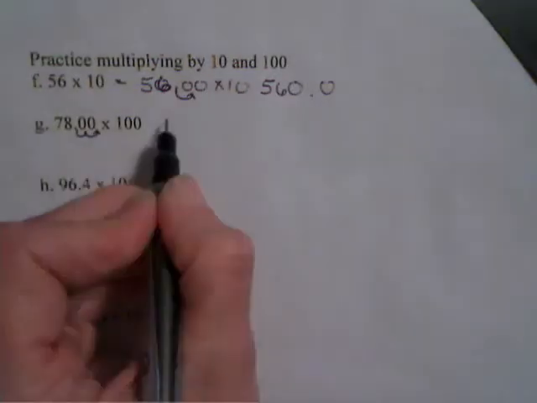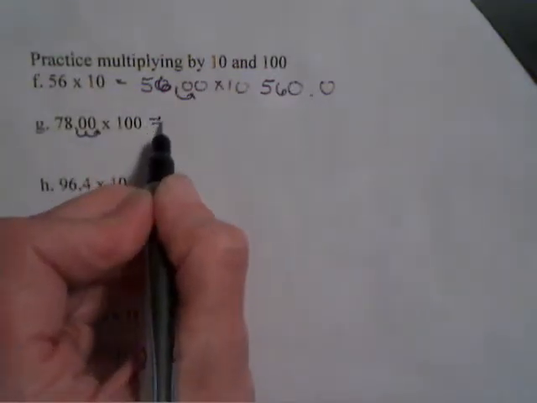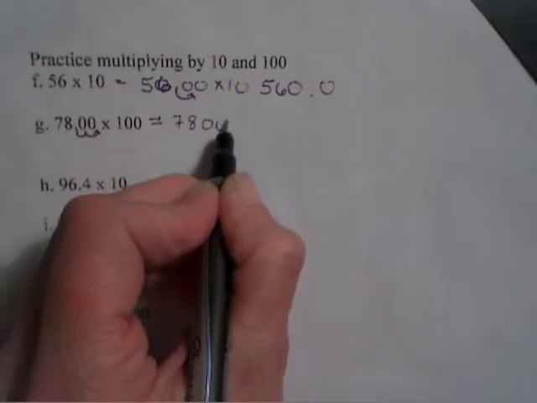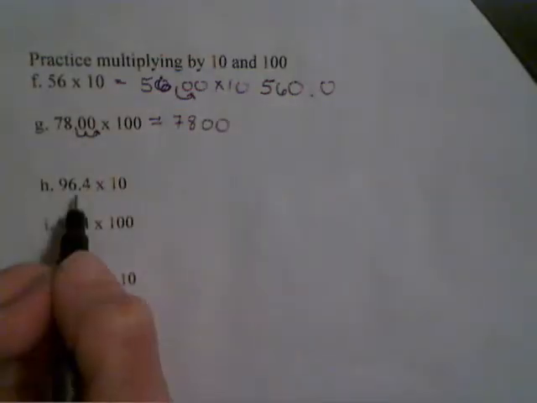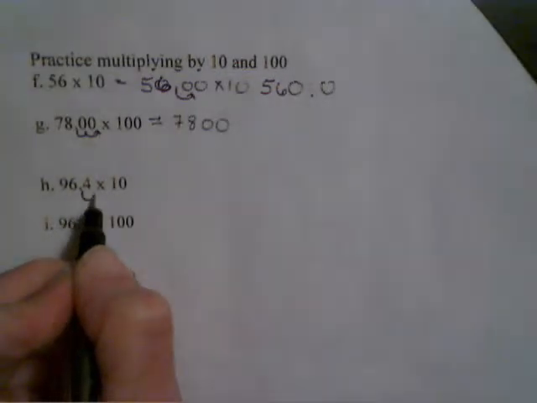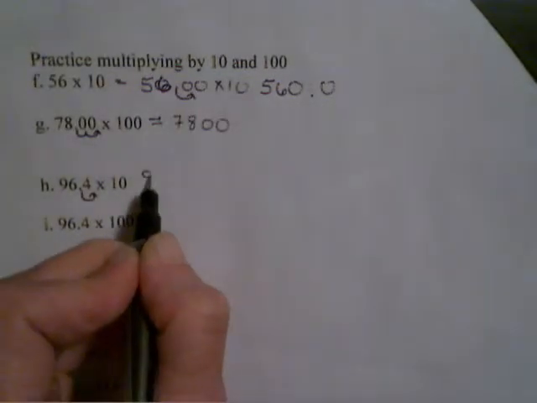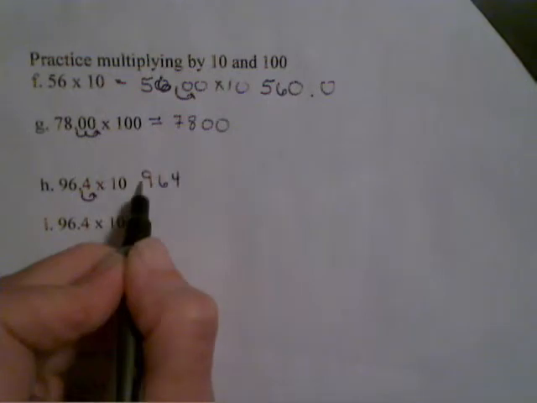Here's 78 times 100. I'm going to take this decimal, I'm moving it over once and twice, and I'll get 7800. Alright, 96 and 4/10 times 10. I'm only moving it over once because I'm multiplying by 10, and I get 964.